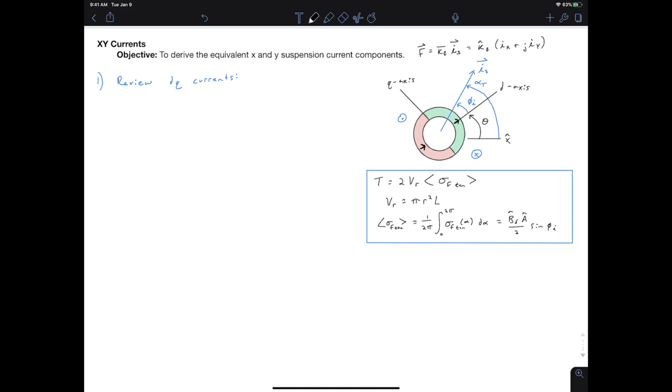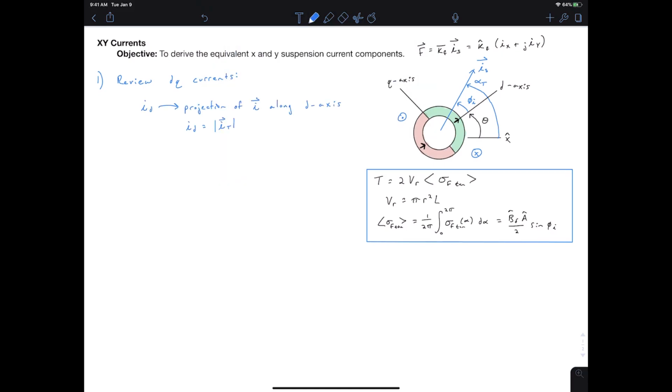And we can use this to determine our direct and quadrature current as being the projection of our current space vector along those axes. So our direct axis current is our current space vector projected onto our D axis.